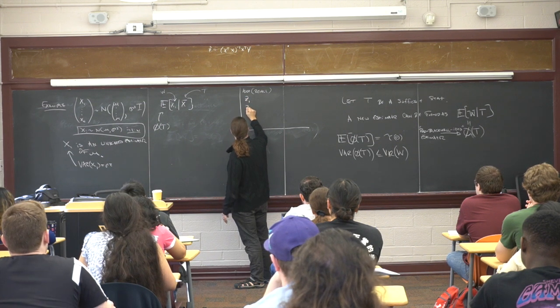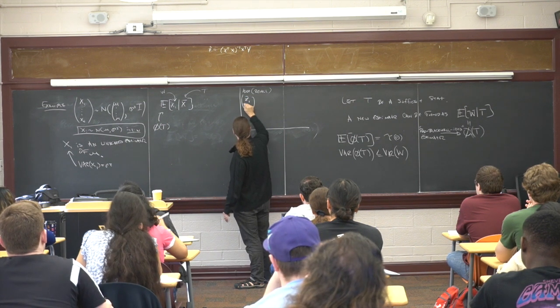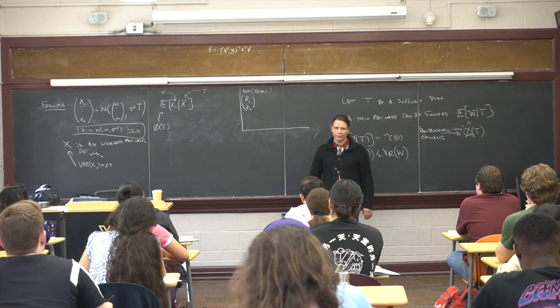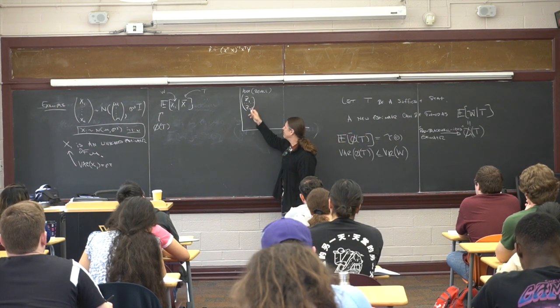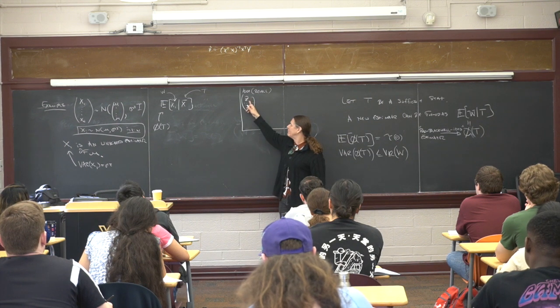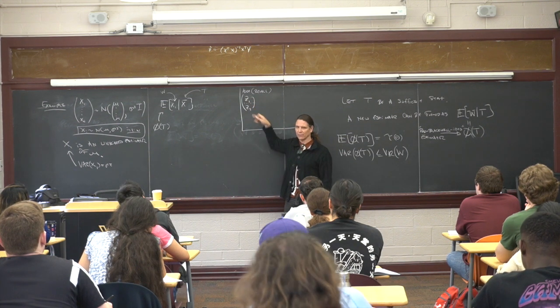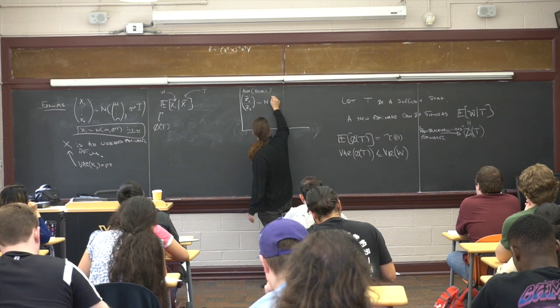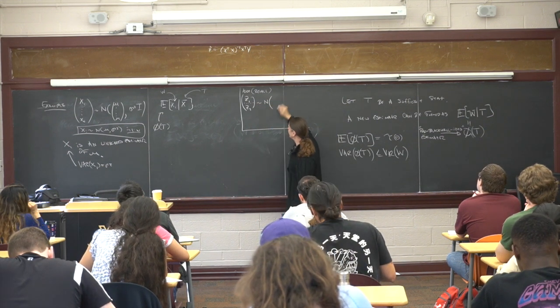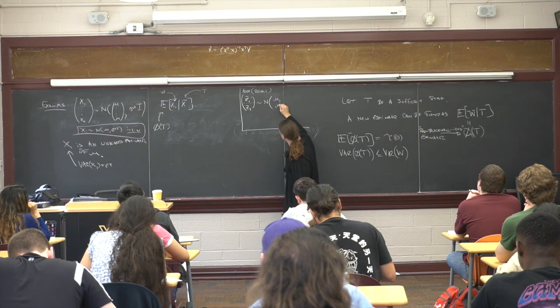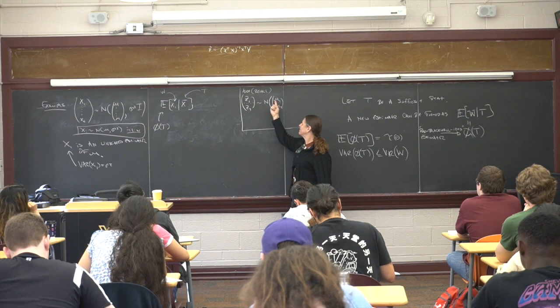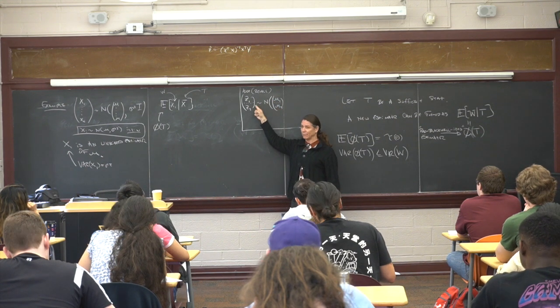I'm going to consider just Z1 and Z2 as my random variables. I don't really care what the dimensionality of this thing is. This could be a vector, this could be a vector, that could be a scalar, that could be a scalar. So let's say that's multivariate normal. And I've got some means attached to this, mu1 and mu2. This is the same dimension as that, and that's the same dimension as that.